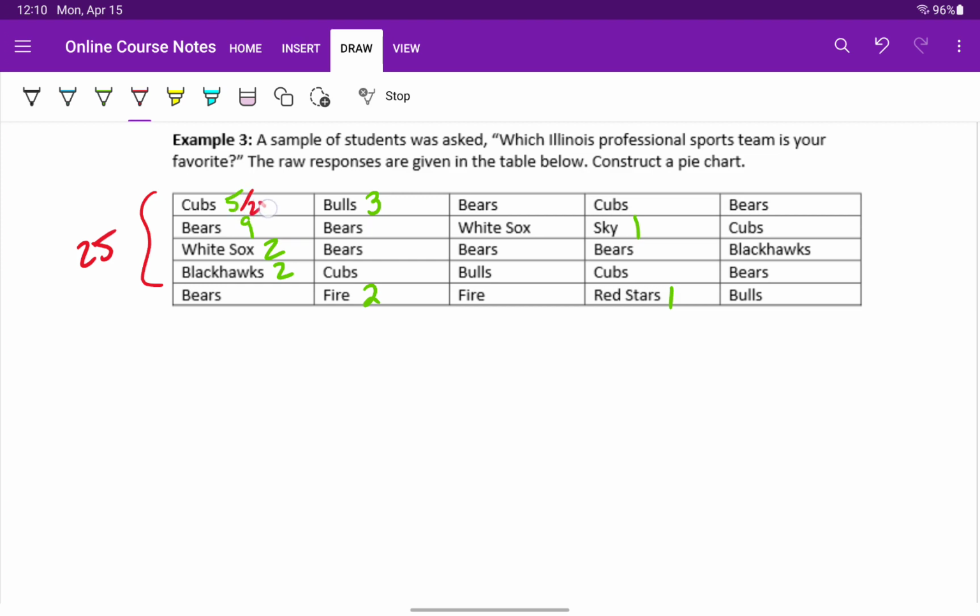So we're going to take each value and divide it by 25, which in this case would give us 0.2, 0.36, 0.08, 0.08. 3 divided by 25 would give us 0.12. This would be 0.08 again. And then each time we get one response, that would be a proportion of 0.04 and 0.04.